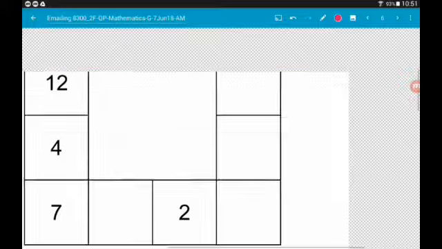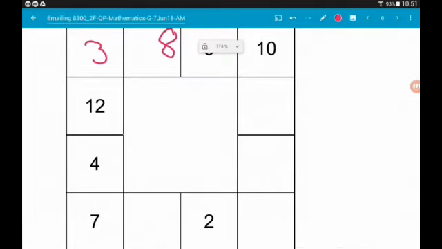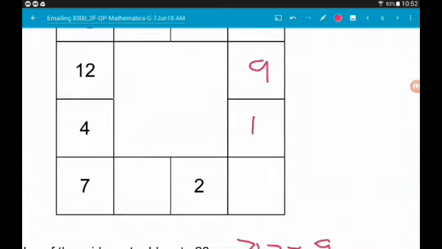So that means that 9 and 1 have to go there. So now 10 add 9 add 1 is 20. So that means 6 is going to go there and 11 goes there.